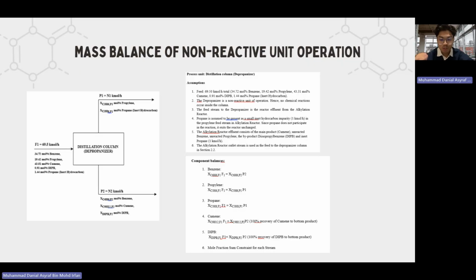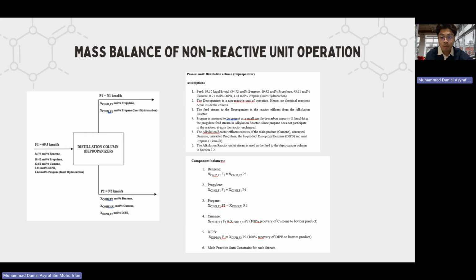It is important to note that propane acts as an inert hydrocarbon impurity, which originates from the propylene feed stream entering the alkylation reactor. Since the propane does not participate in the chemical reaction, it leaves the reactor unchanged and enters the depropanizer together with other components. Because the depropanizer is a non-reactive separation unit, no chemical reaction occurs inside the column.